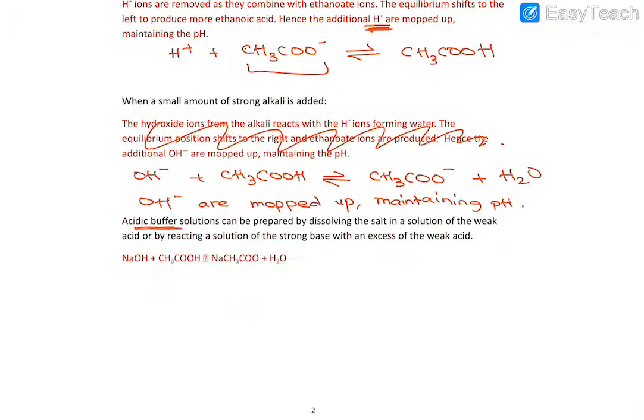You can prepare an acidic buffer by dissolving the salt in a solution of the weak acid, or by reacting a solution of strong base with excess weak acid. Remember, when you react a strong base with a weak acid, you get that buffer region in the pH curve, where you have the weak acid in combination with its salt.